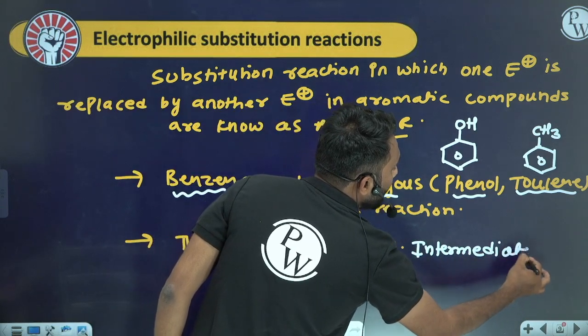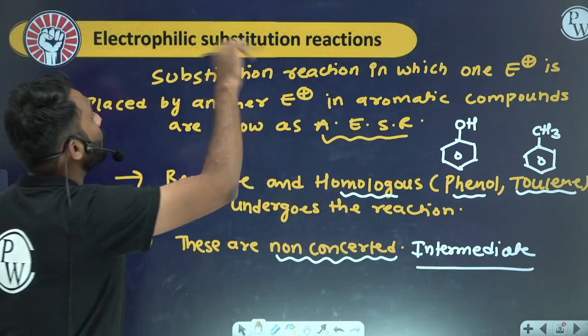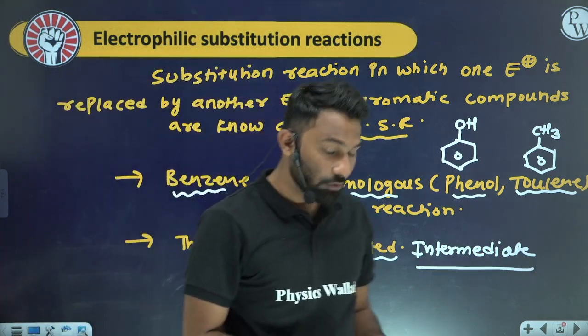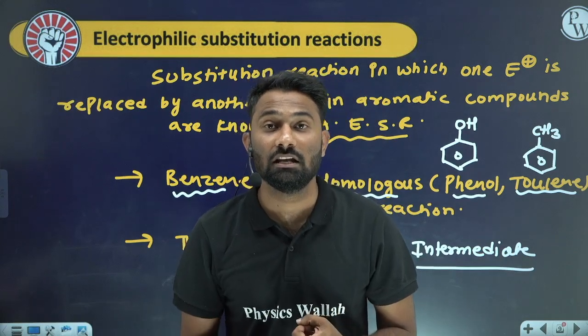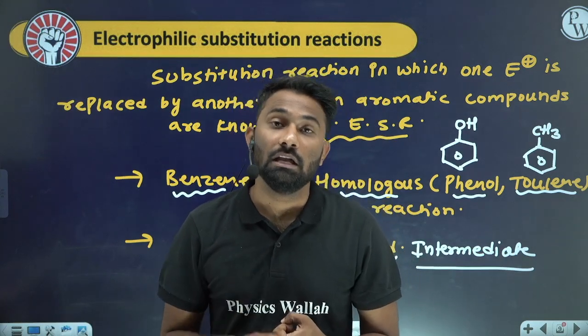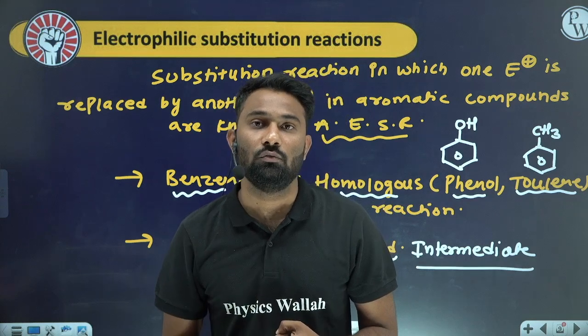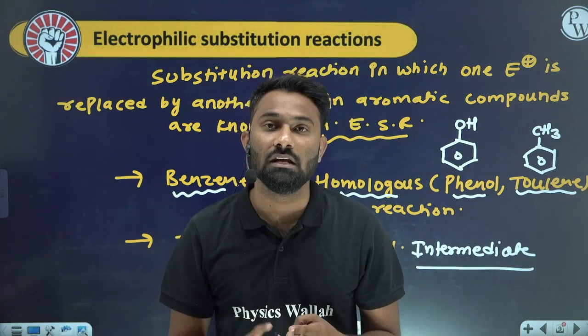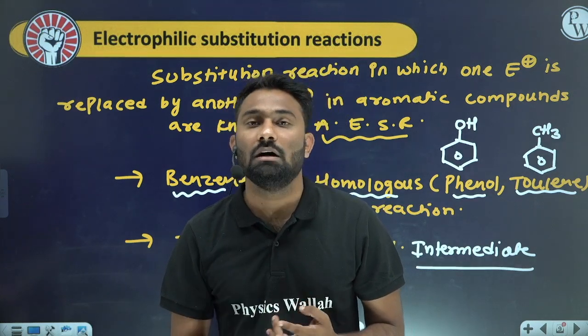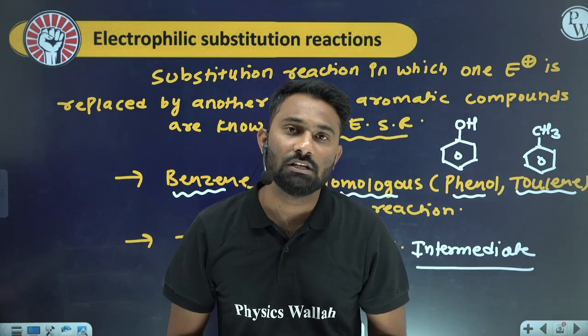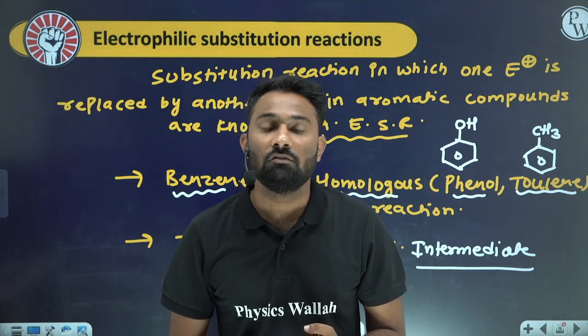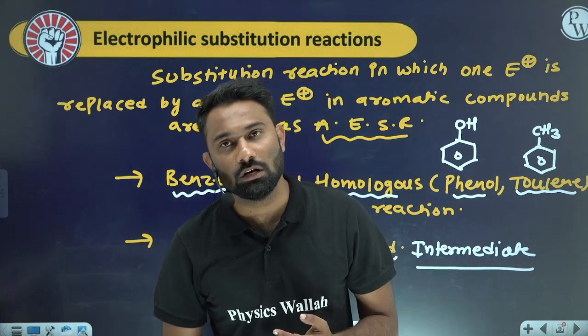In aromatic electrophilic substitution reactions we are going to see nitration, where the nitronium ion NO2 plus is the electrophile. Halogenation, where if we take chlorine, Cl plus is the electrophile. Sulfonation, where sulfur trioxide is a neutral electrophile. Clear?